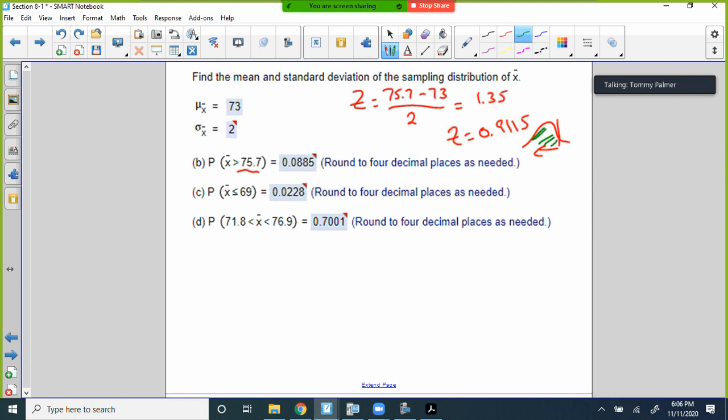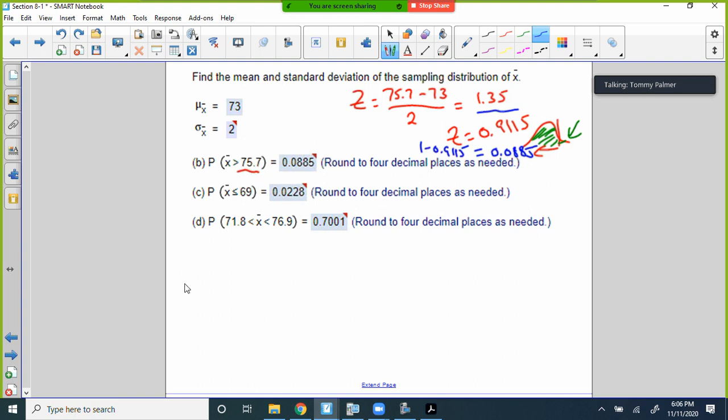That's the area to the left, but we need the area to the right. So what do we do? 1 minus 0.9115, and we get 0.0885, which is what they got. So you could look at the normal table and pick out your value of 1.3, go all the way over to 5, and it's 0.9115.